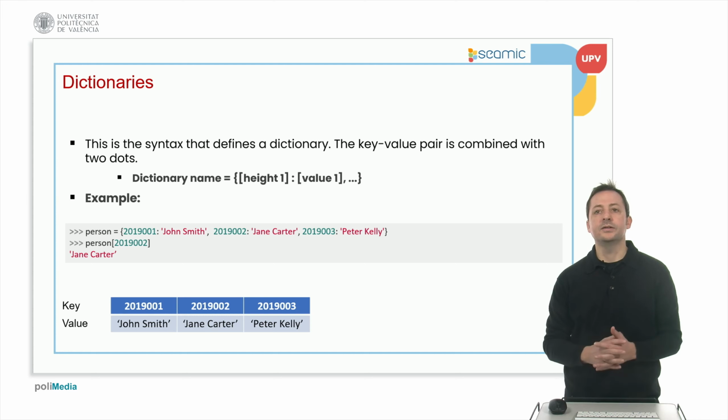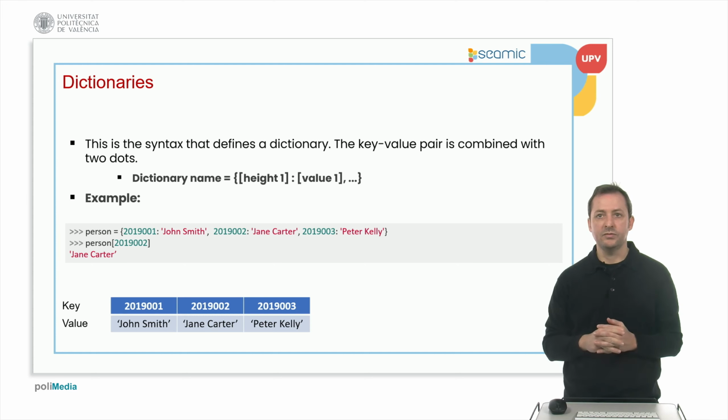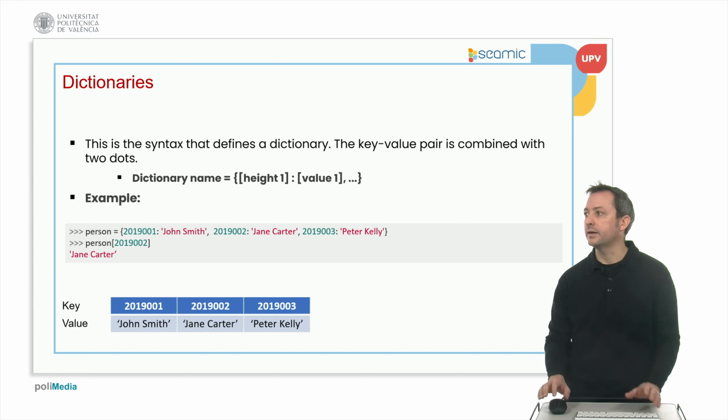In a similar way to lists and tuples, we can access a specific element of a dictionary. But since we do not consider positions here, we need to refer to each specific element by its key. So if we consider this dictionary, take into account that each element is represented by a numeric key, this one, and this one.